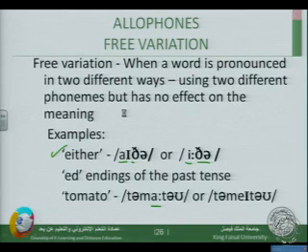Some people say tomato and tomato, but both mean the same thing.